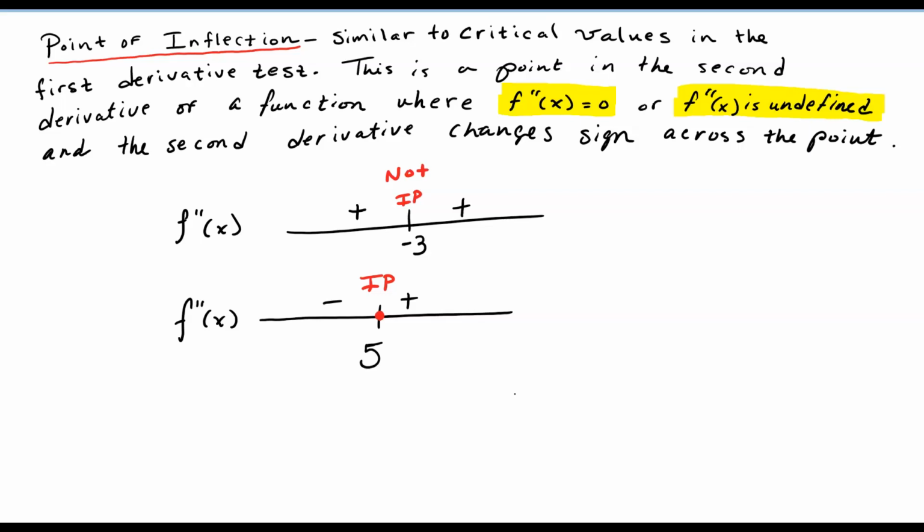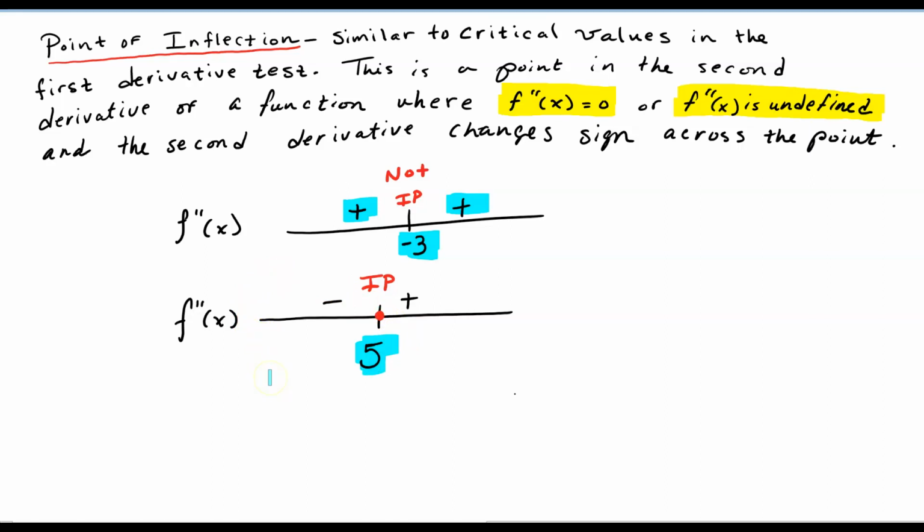So what I'm going to do is show you two little wiggle graphs here. The first one shows a wiggle graph with -3 as kind of a critical value, but I want you to notice that it goes from positive to positive across this. So this one is said not to be an inflection point. But let's take a look at the number 5 in the second wiggle graph here.